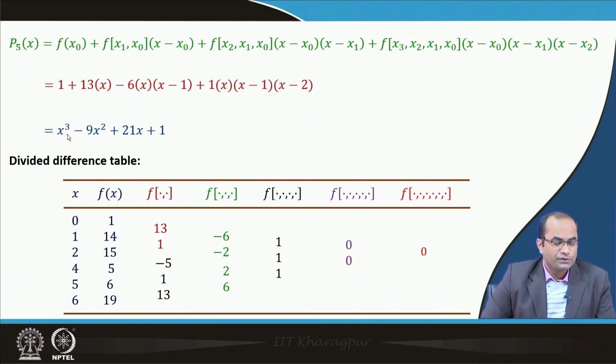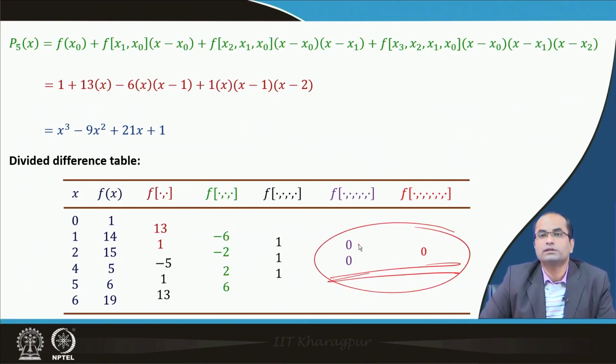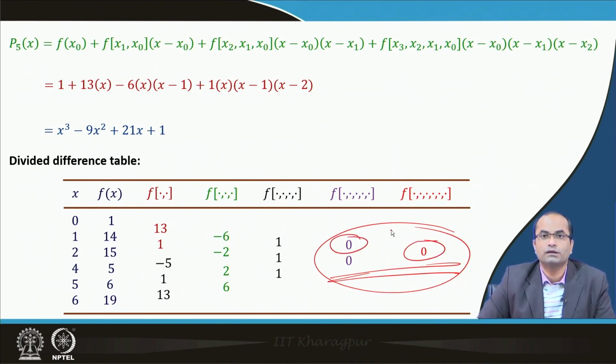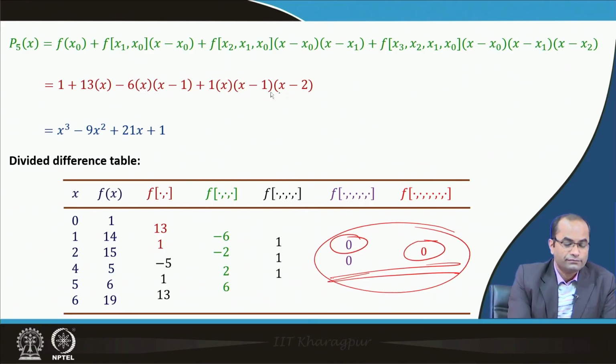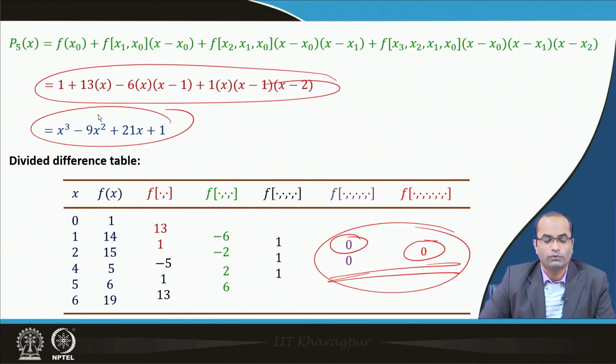So, what is our observation on this divided difference formula, that once the table is ready, and for instance in this case we got these zeros at 2 places there. So, there were no higher order terms coming automatically, and we have less calculation, and finally, we got this third degree polynomial easily.